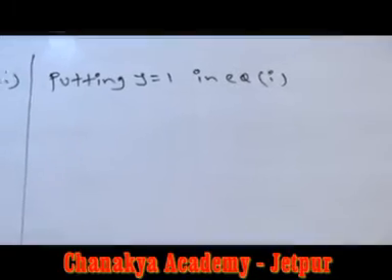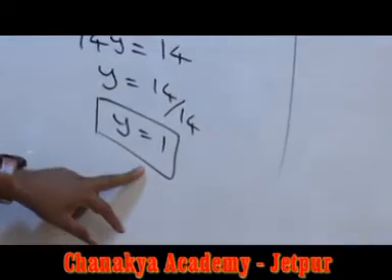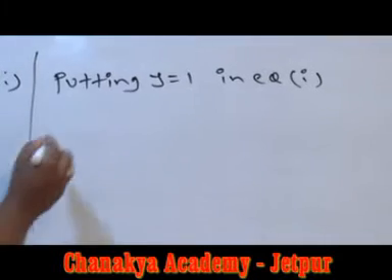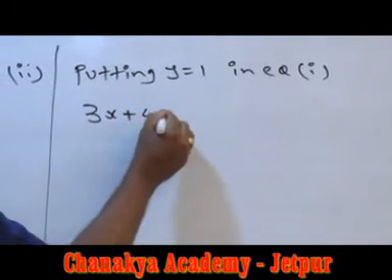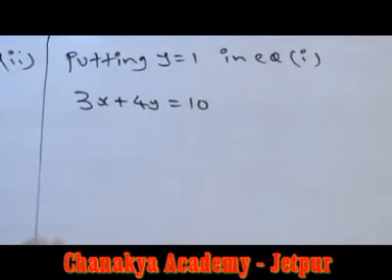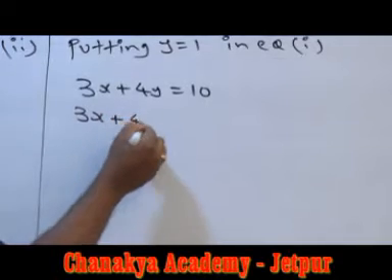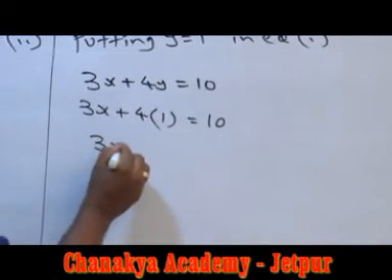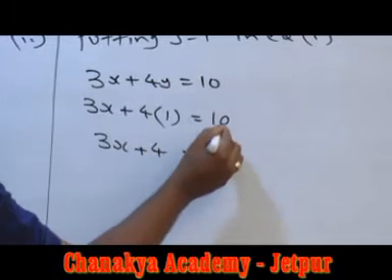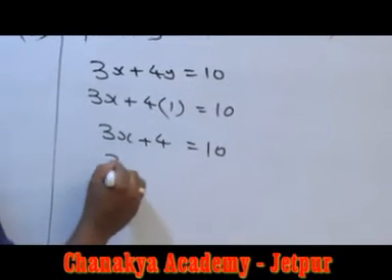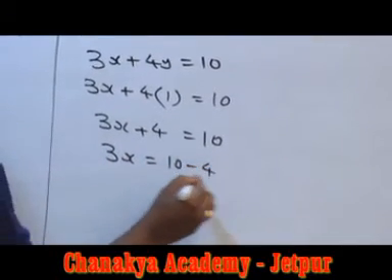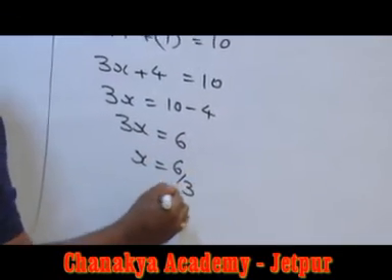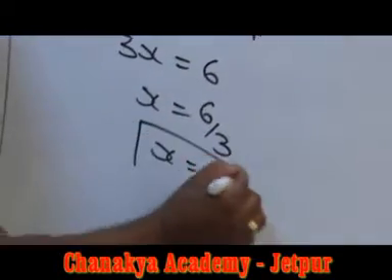Okay students, we have already achieved the value of y equal to 1. Now putting y equal to 1 in equation number 1, 3x plus 4y equal to 10, 3x plus 4 into 1 equal to 10, 3x plus 4 equal to 10, 3x equal to 10 minus 4, 3x equal to 6, x equal to 6 by 3, x equal to 2.